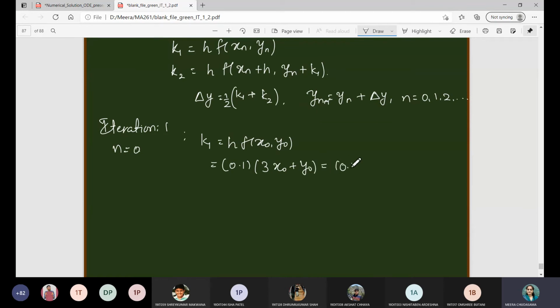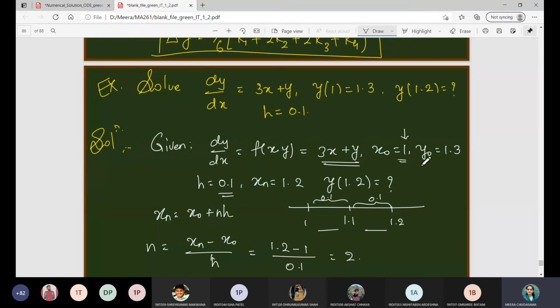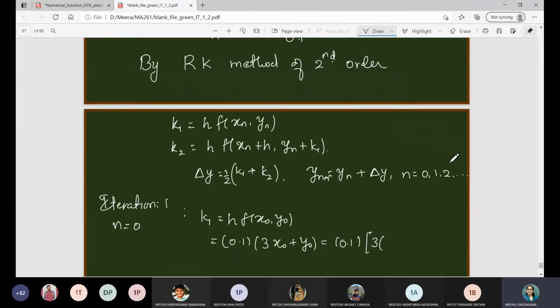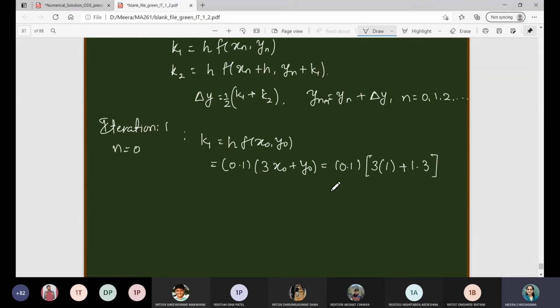So it is 0.1 into 3, what is x0 we are given? That is 1, and y0 we are given 1.3. So it is 1 plus 1.3. Compute it. What will it be? 0.43.